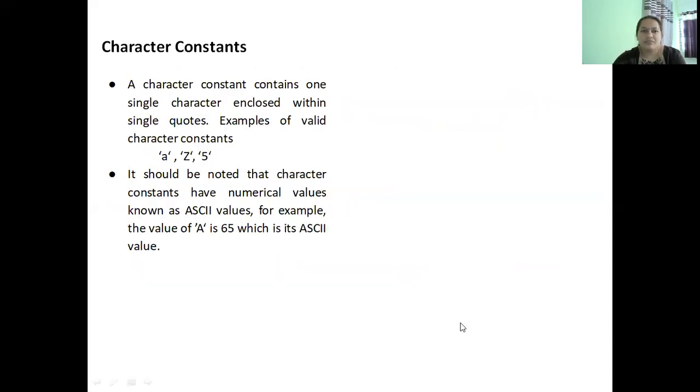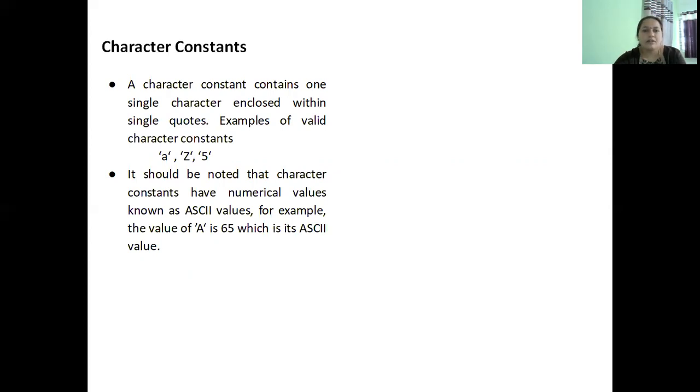The third type of constants are character constants. Character constants are single characters which are enclosed within single quotes. Some example valid character constants are A, Z, and 5. So 5, when it is enclosed within single quotes, is no more treated as an integer. It is treated as a character constant. All character constants will have their equivalent ASCII value, which is a 7-bit equivalent binary.